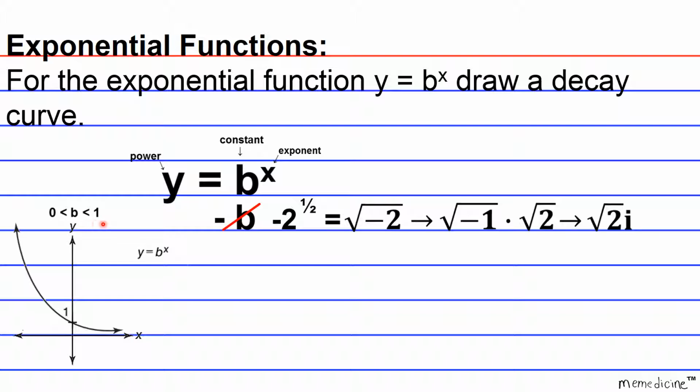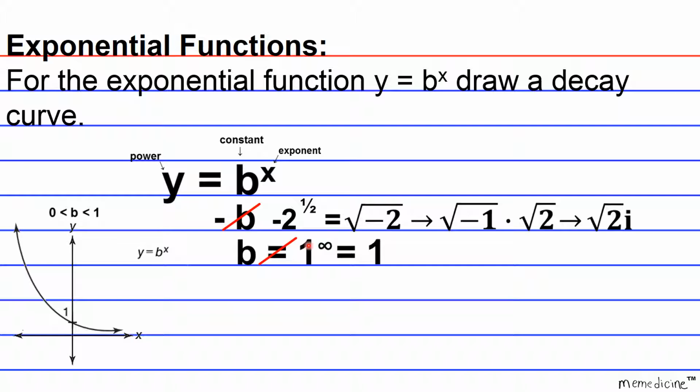And we don't want b to actually be 1. Although it can be less than 1, we don't ever want it to be 1. Because if b is equivalent to 1, this is what's going to happen. For any value of x from -infinity all the way up to infinity, you're just going to get 1, because 1 raised to any power is just going to be 1.